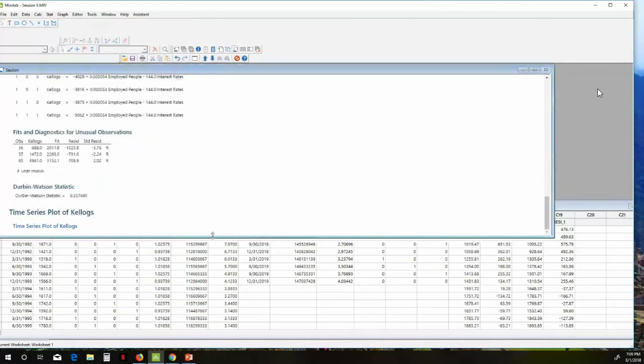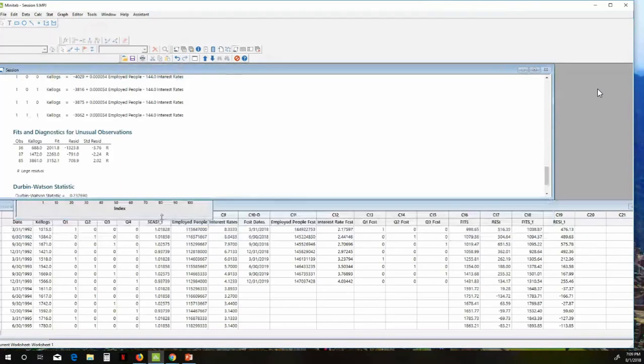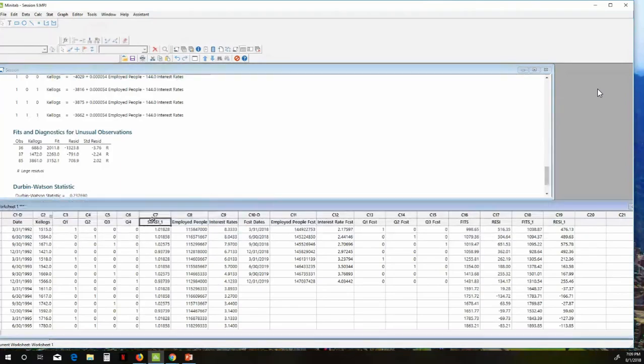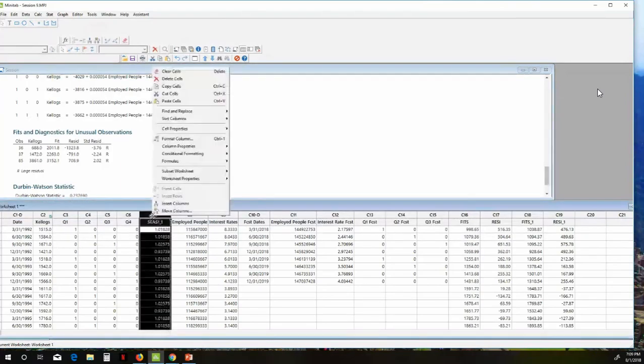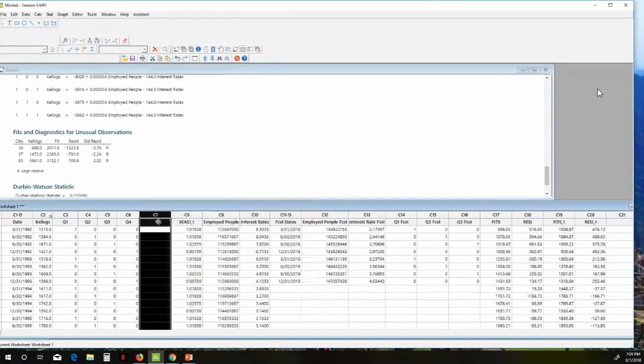So here again, we're going to create a recession event. This will open up a column. We call it recession. And actually, it's not the recession.